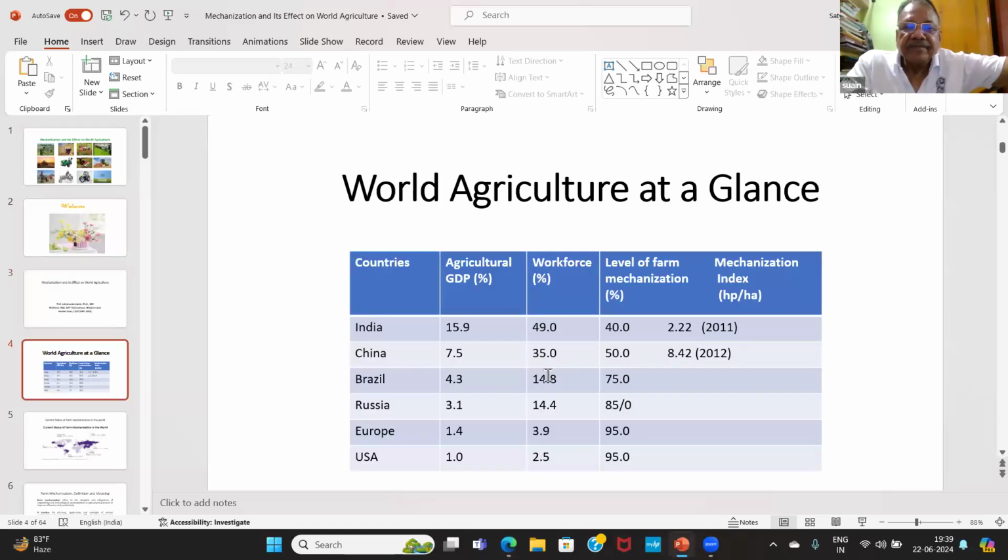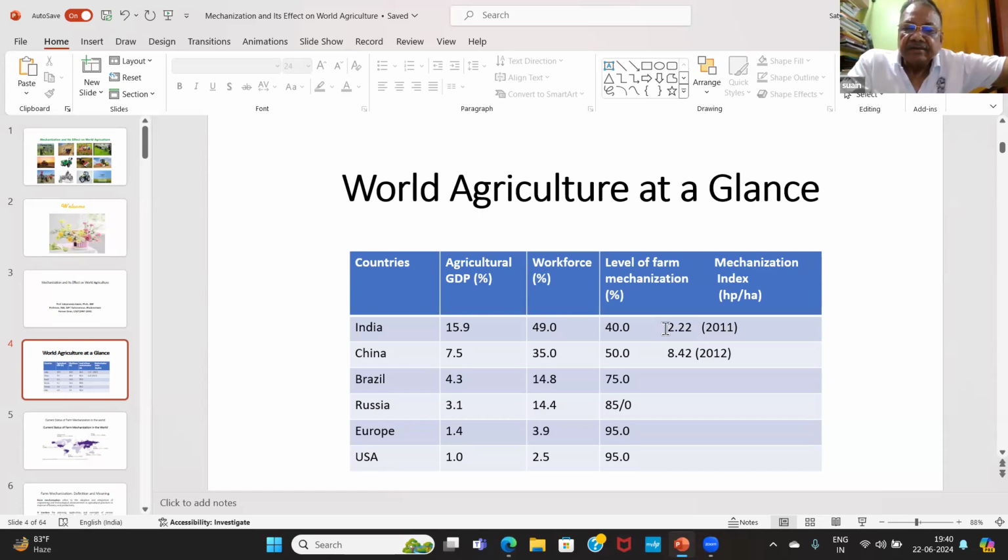Next we'll move to world agriculture at a glance. You see, I tried to collect information. Agricultural GDP, 16% contribution to our GDP from agriculture. Workforce is 49% or 50%. Mechanization level is 40%. This is 2011. And the mechanization index, horsepower per hectare, is 2.22 in 2011.